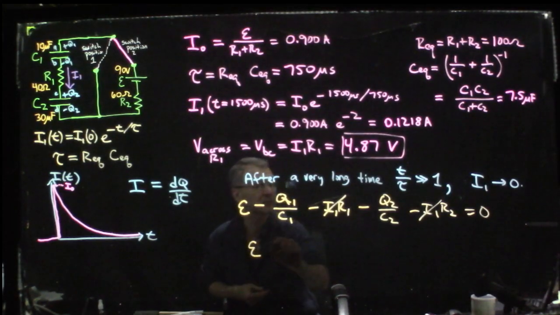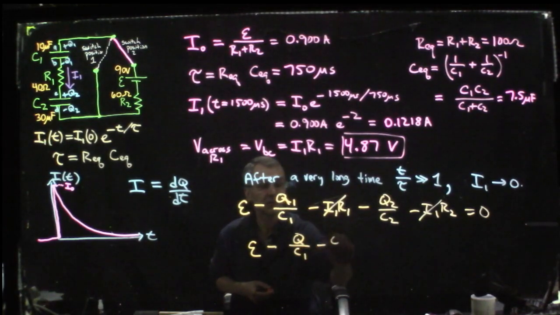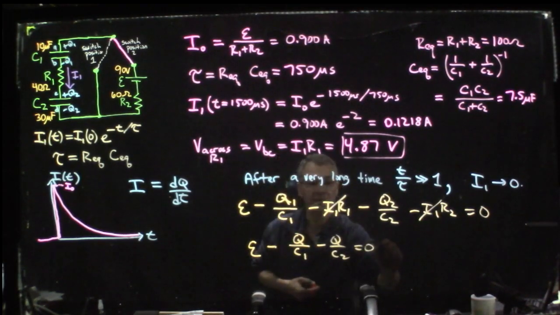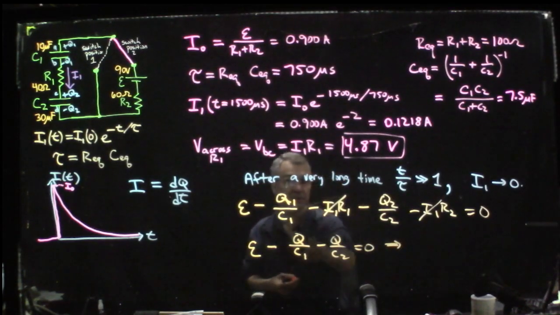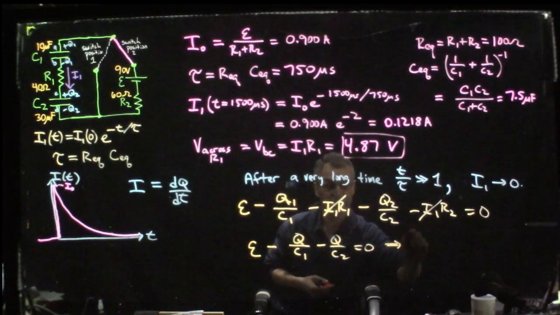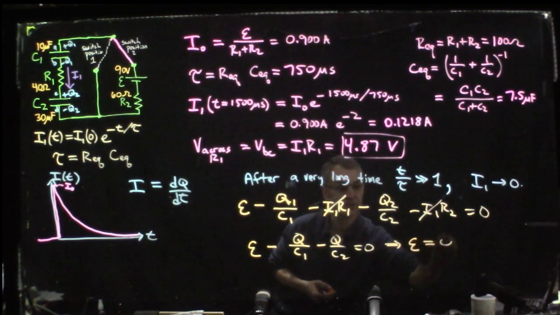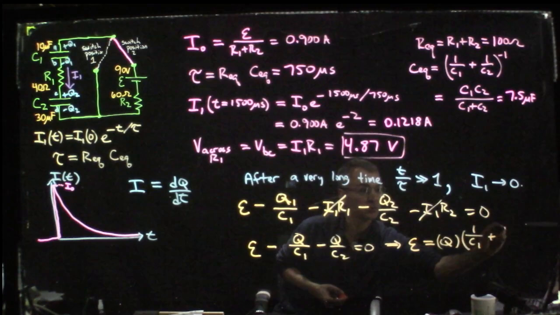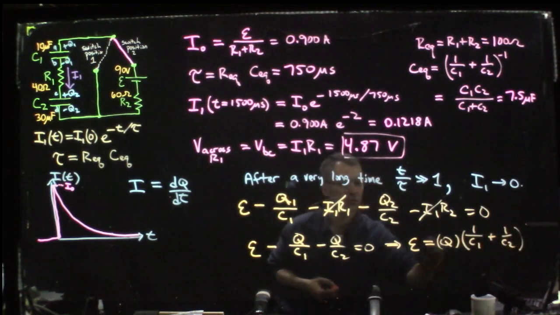So then we have the battery voltage minus Q over C1 minus Q over C2 equals 0. And this is the same statement as basically this charge is the charge that would be stored on the equivalent series capacitance. You see, so the battery voltage is Q times 1 over C1 plus 1 over C2.